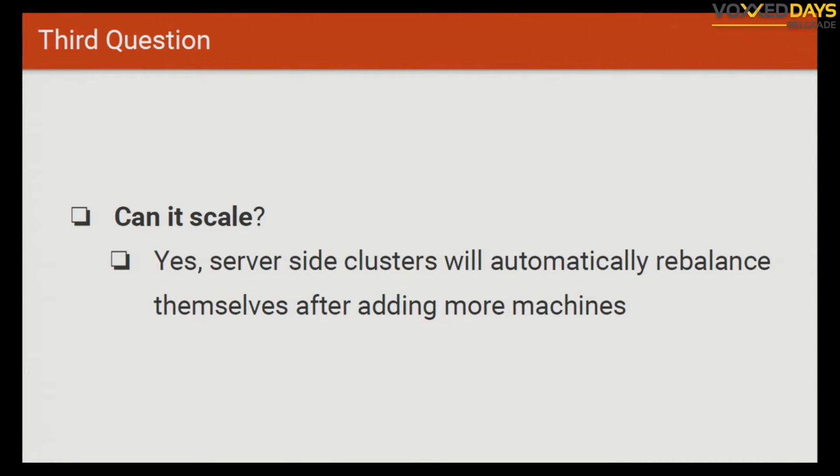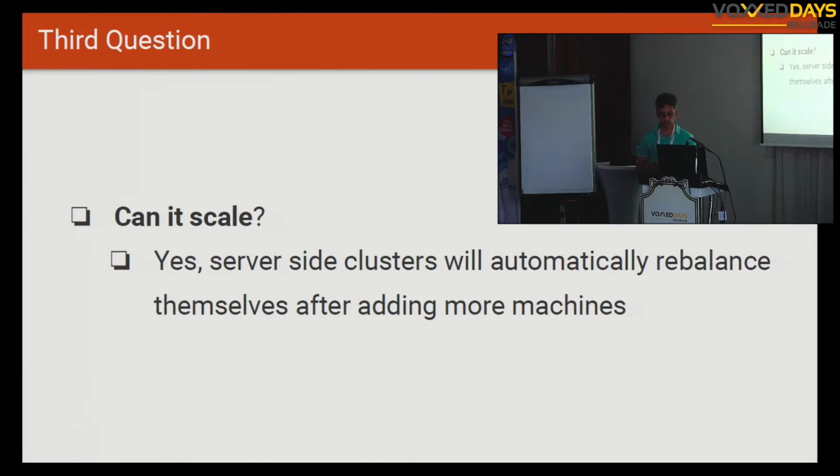Just start one more node, and you add it to the cluster. On Redis, it will be a little more complicated because you actually need a whole replica set added, while on Aerospike, you just add one more node. It should be similar to the other nodes to have the same performance, but yes, it can scale.